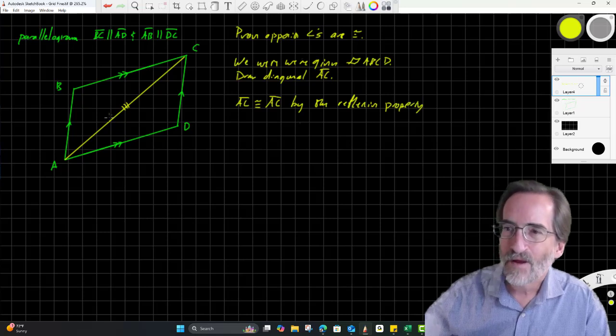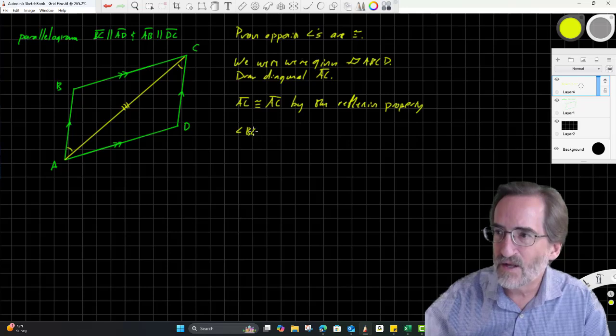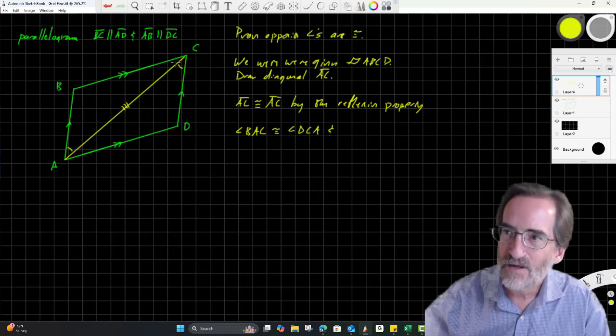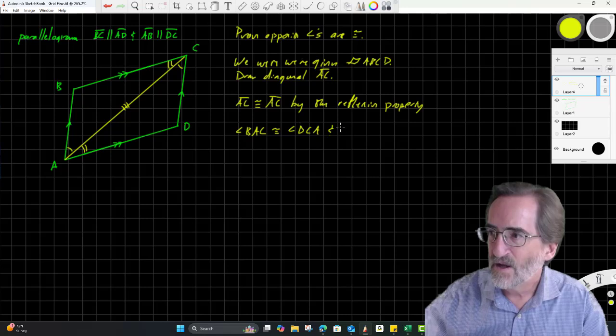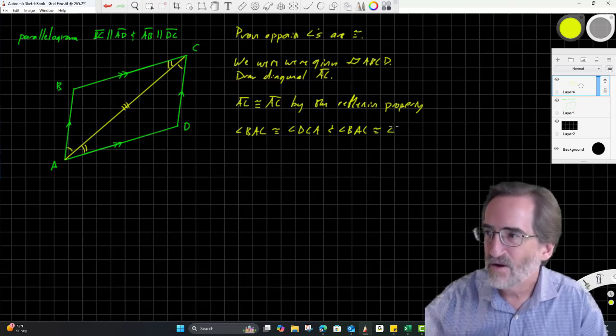And angle BAC is congruent to angle DCA, and angle BCA is congruent to angle DAC, by the alternate interior angles theorem.